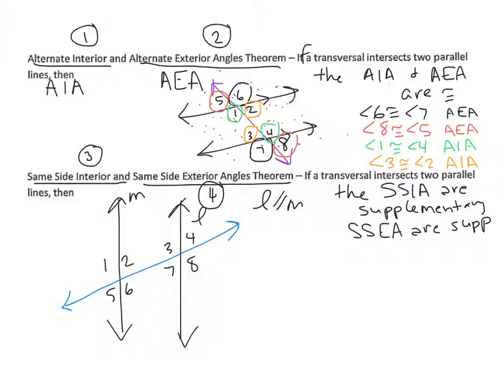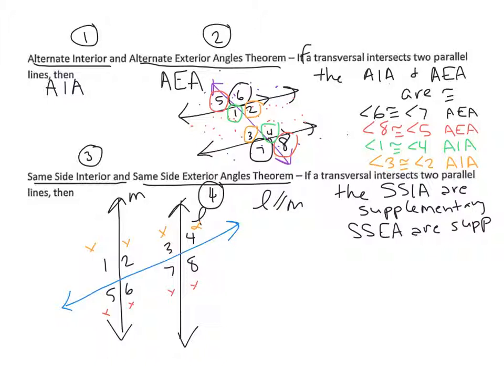So to talk about same side with respect to the transversal, 1, 2, 3, and 4 are all on the same side. 5, 6, 7, and 8 are all on the same side.